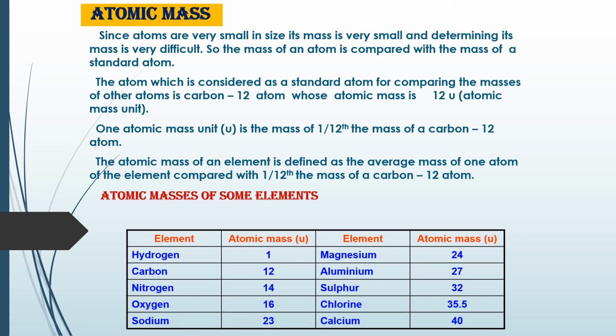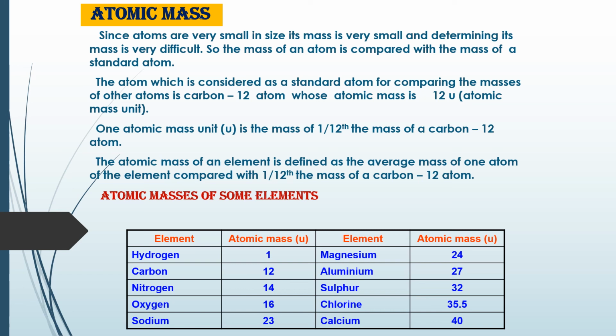Carbon 12 atom, because carbon has isotopic forms, we will take the atomic mass of carbon 12, whose atomic mass is 12 atomic mass unit, AMU, which is abbreviated as u. It's 12 u. One atomic mass unit is the mass of 1 by 12th the mass of carbon 12. That is the definition given for one atomic mass unit.